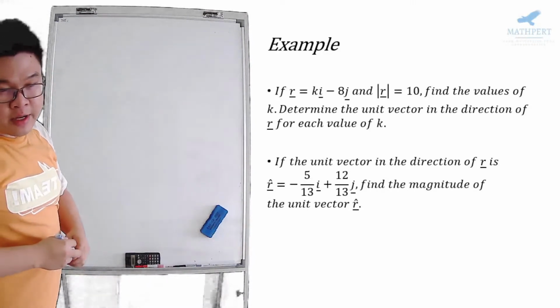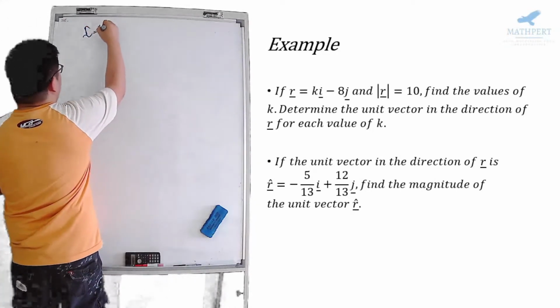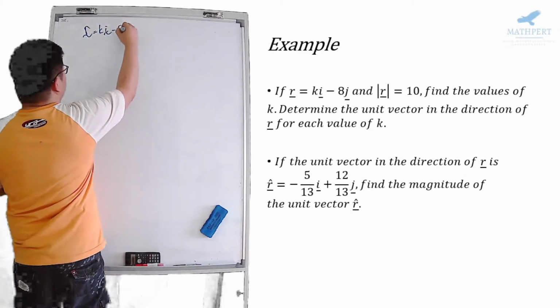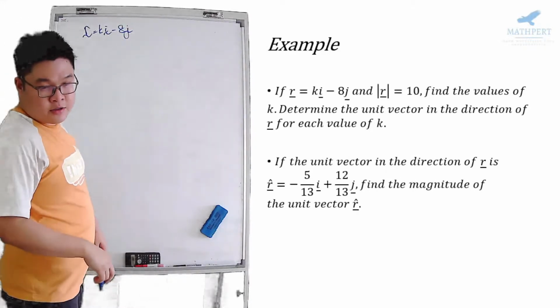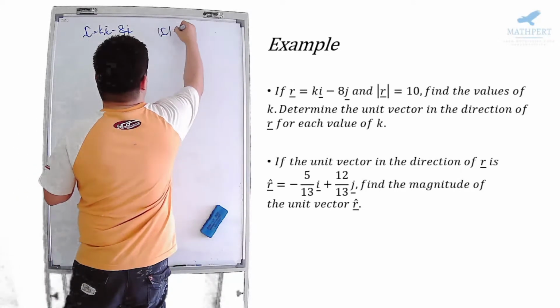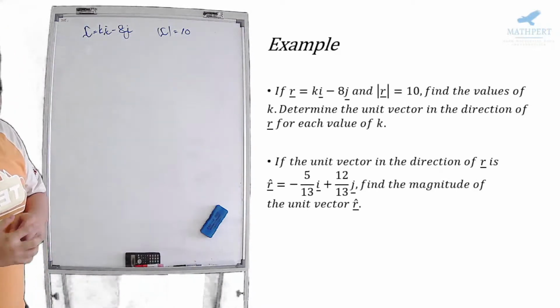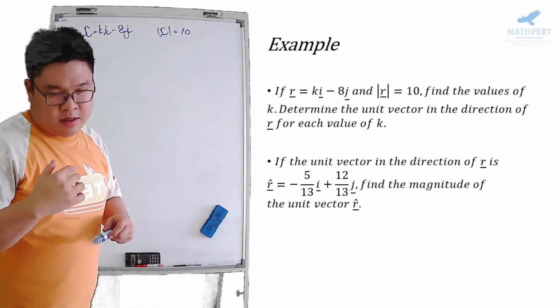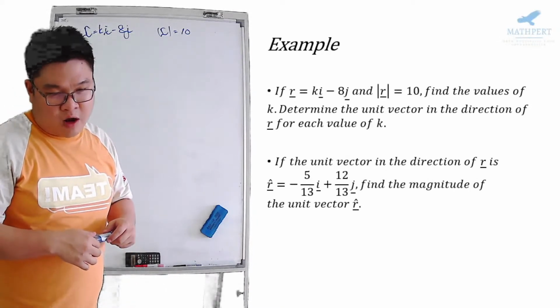If r equals ki minus 8j, and the magnitude of r is 10, find the values of k, and determine the unit vector in the direction of r for each value of k.